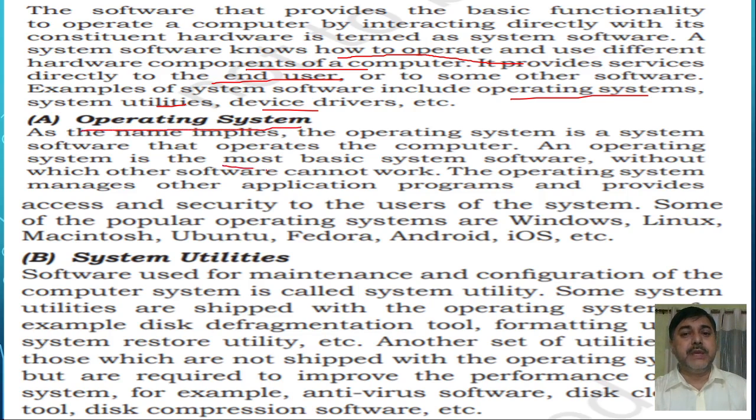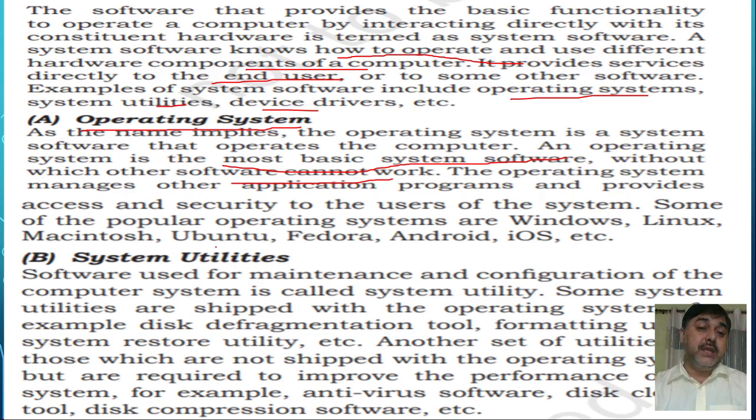This is the basic system, the software. Without the software we cannot work, isn't it? If there is no software, the program will not be done and the work will not happen. So like Windows, Linux, Macintosh, Ubuntu, okay, all these different softwares help to run things.